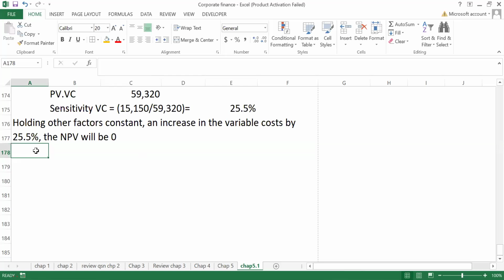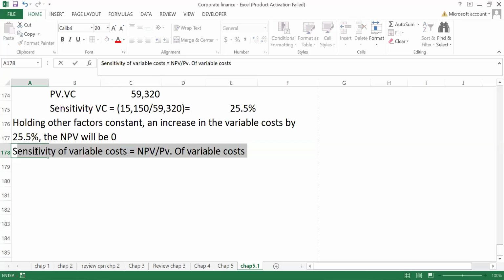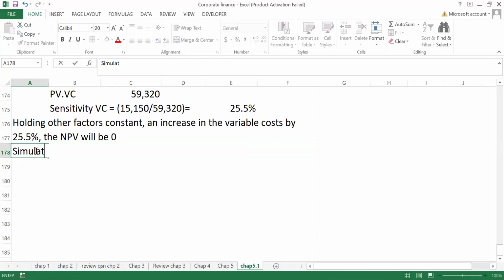We were talking about, someone was asking about simulation. And I was saying, there is a question, if you check in your past paper, where they asked the difference between simulation and sensitivity. In sensitivity, you analyze one variable at a time, looking at how that variable can affect your NPV.